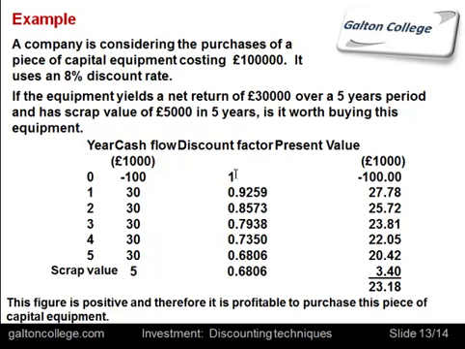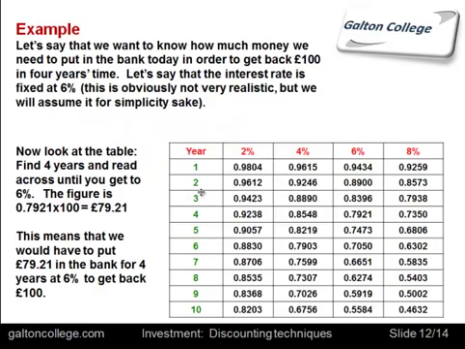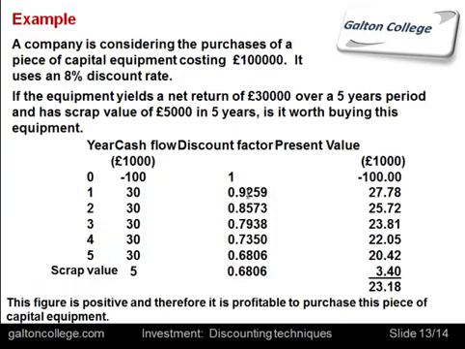Now, looking it up in the tables, if you go back and say, okay, the first year it's at 8% and 1 year. Let's go back to the table in the previous slide. 1 year, 8%, 0.9259. Try to remember that. There it is.